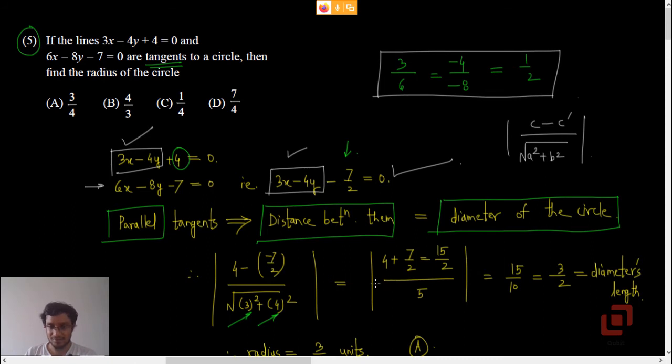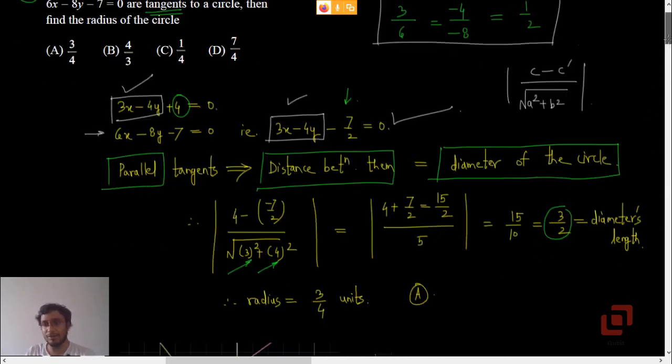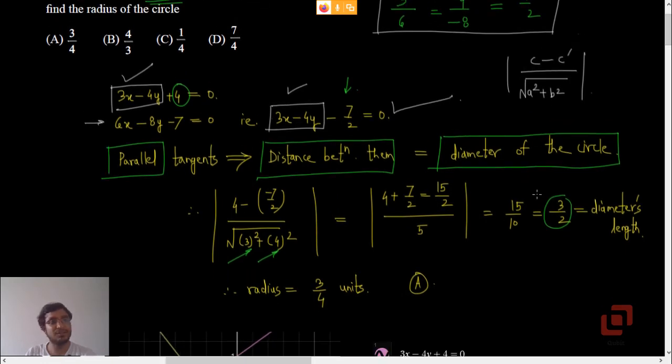Rest is just simplification. 4 plus 7 by 2 is 15 by 2, the numerator. Denominator is root of 25, so 5. The diameter will then be 15 by 10 or 3 by 2 units. Remember, radius of the circle is half its diameter. So radius will be 3 by 4. Yes, that is option A.